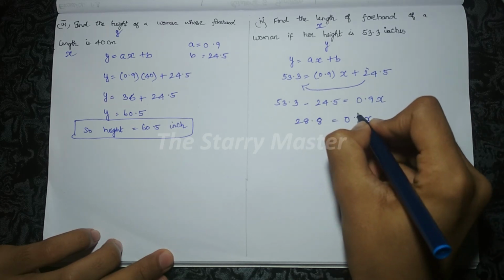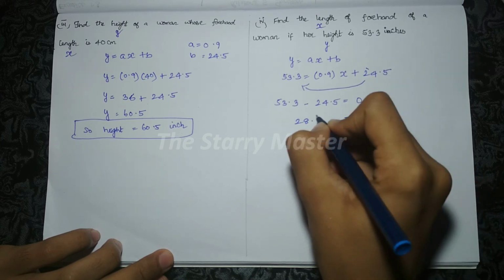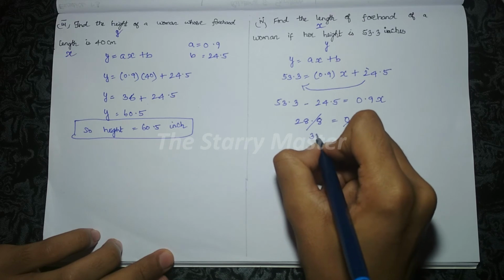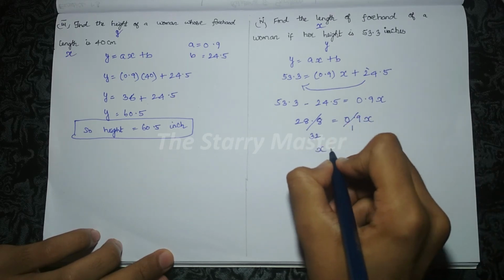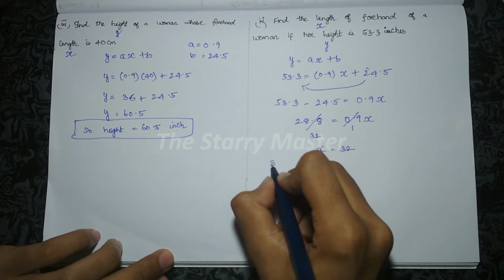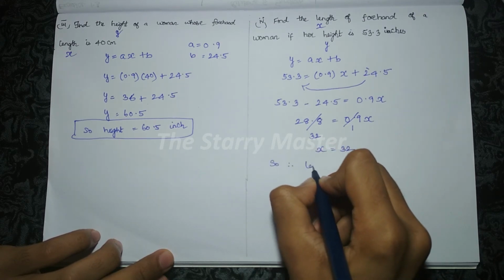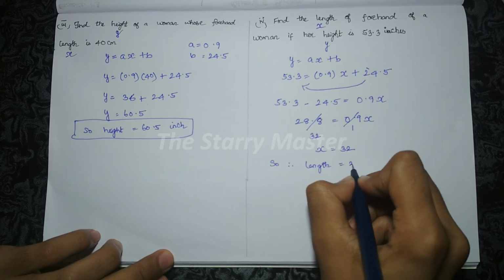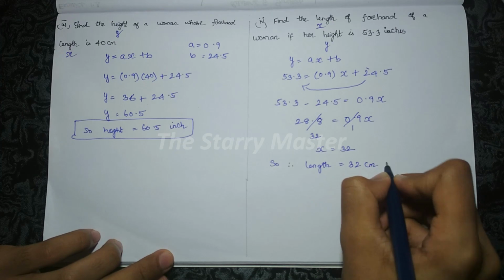So we have to divide 28.8 by 0.9, which gives 32. So x is equal to 32. Therefore the length is equal to 32 centimeter.